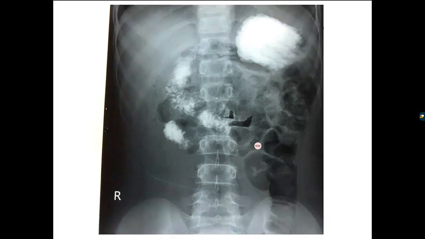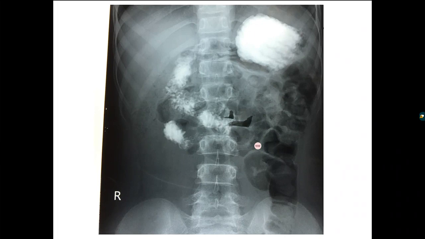This is an upper GI contrast study that was done in a newborn who presented with intestinal obstruction, and the X-ray showed evidence of proximal bowel obstruction. One of the key differential diagnoses in a baby with proximal bowel obstruction is malrotation, or midgut malrotation.